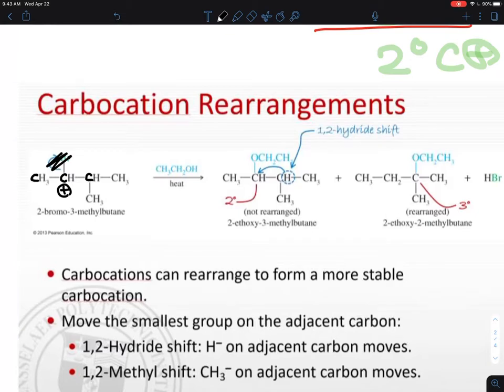And so once essentially Br minus has left as the leaving group, you can see that there's an option that this methyl group shifts, or this hydrogen, right? So this is a hydrogen on your neighboring carbon, and if I move this one, just like a methyl shift to the other side, you'll get the same secondary carbon.